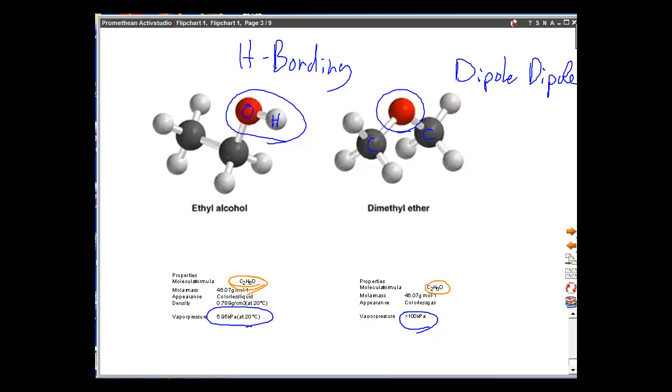Your dipole-dipole IMF is a weaker force than hydrogen bonding. Hydrogen bonding is actually a particularly strong type of dipole-dipole. So you can see that even though they have the same molar mass because they have the same formula, the vapor pressures are very different. So you have much weaker IMF here, and stronger here.